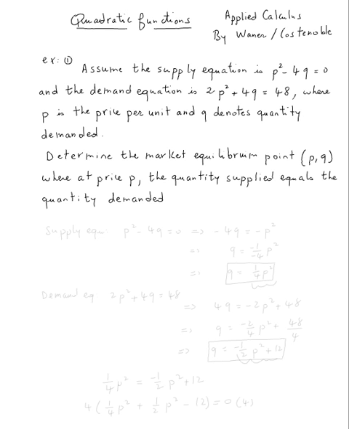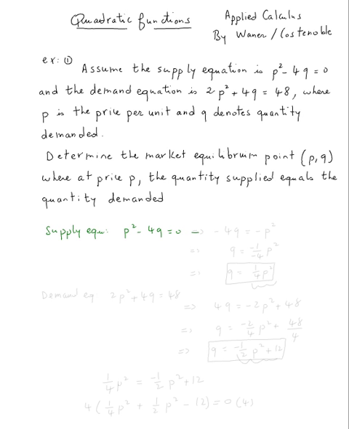So determine P. P is the price at which the quantity supplied equals the quantity demanded. First, the supply equation is P squared minus 4Q equals 0.